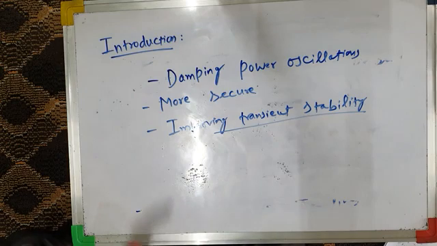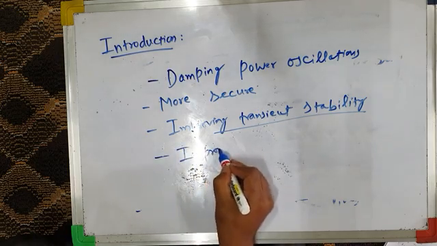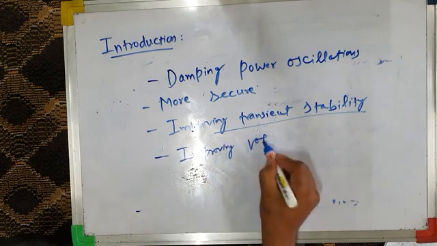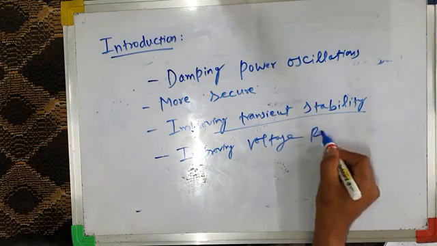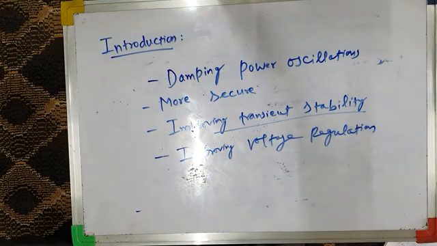With the help of FACTS devices, we can have perfect control over active power flow, we can compensate reactive power flow, and hence improve voltage regulation at buses. By controlling the reactive power, the voltage regulation can be improved.